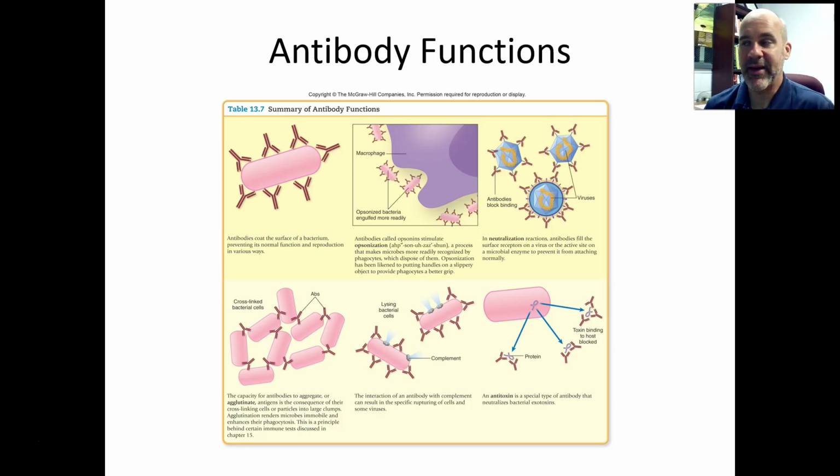Interestingly enough, once you activate this third line of defense, you're going to generate antibodies that attach to things like capsules, antibodies that attach to M proteins, antibodies that attach to the surface of Mycobacterium tuberculosis. So now these bacteria that weren't getting phagocytosed very well before because they have those protective coatings, once you make antibodies, all bets are off.